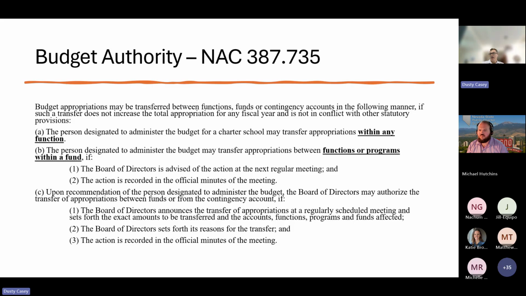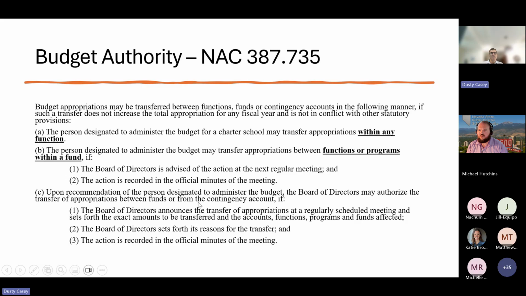But even at the program level, if your school leader wants to move money from co-curricular back to general programs, so co-curricular is 900, general programs is 100, and both are contained in the general fund, your school leader can do that, but they have to notify the board. And then, of course, if anything's going to move between funds, only your board can do that, and they have to do that in an amended budget that authorizes that.